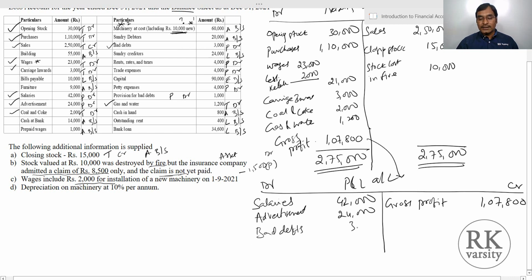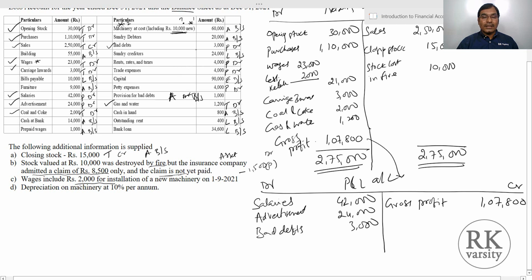Bad debts is 3,000. Then as there is no new provision to be created, this will make an adjustment in debtors on the asset side. If there is any adjustment, then we'll put it in the profit and loss account. As there is no adjustment, we directly show this in the balance sheet asset side. So asset side of a balance sheet.